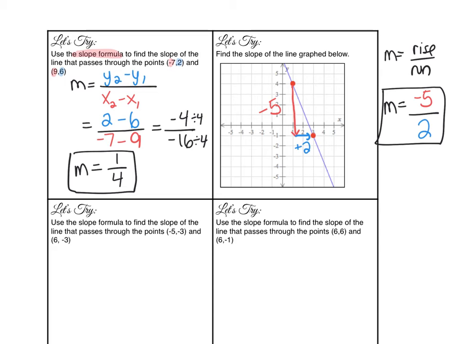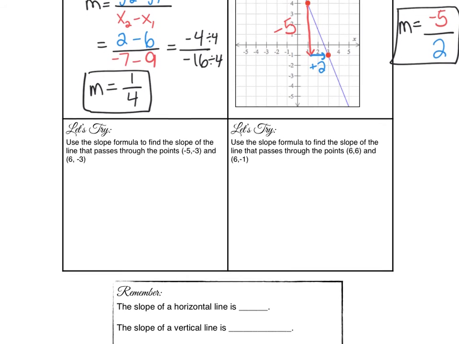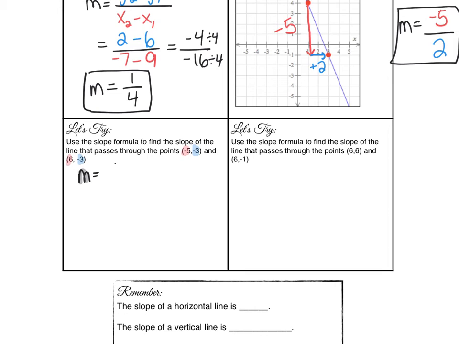So let's try another example using the slope formula again. Okay? So if I use the slope formula to find the slope in the next example, remember I'm going to subtract my y's first, and then I'm going to subtract my x's and put them on the bottom. Okay? So ready? M equals y2 minus y1 over x2 minus x1.